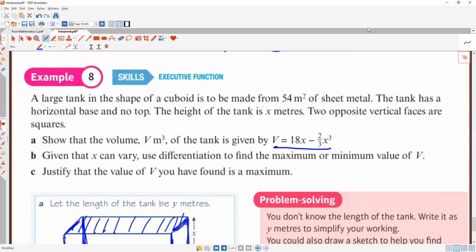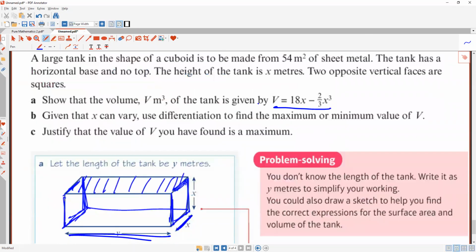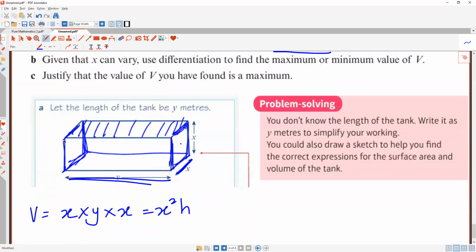What else did they mention? They did mention surface area is equal to 54, right? So surface area means this. There are two such areas. So what is it? x into x multiplied by 2.